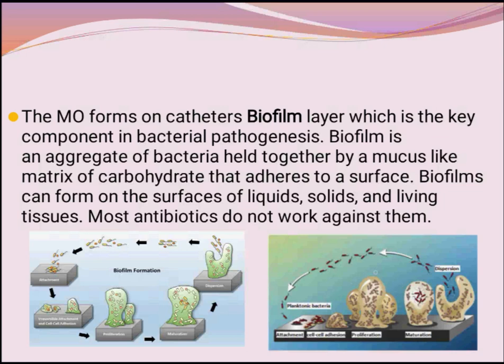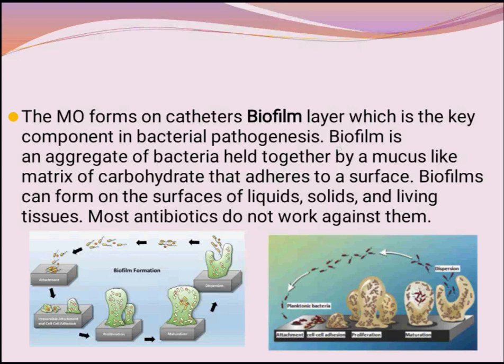Also, when the patient takes antibiotics, the antibiotics can't penetrate this matrix. So the microorganism hides itself inside this matrix and exerts its pathogenic effect, proliferates, and dislodges to distant areas and multiplies in other areas.